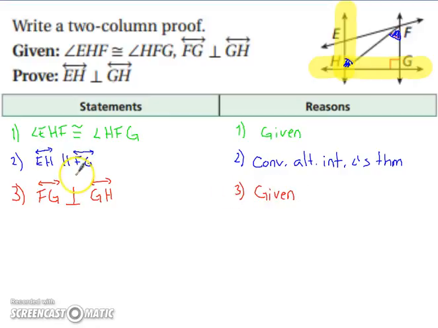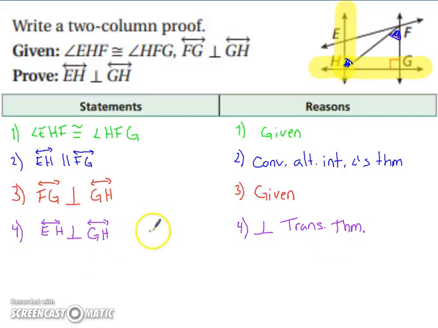Then we can utilize the fact that these two lines are perpendicular and these two lines are parallel to finish it off. So EH is perpendicular to GH, and the reason for that is the theorem that we just finished proving, the perpendicular transversal theorem. That's how you would use that theorem inside of another theorem.